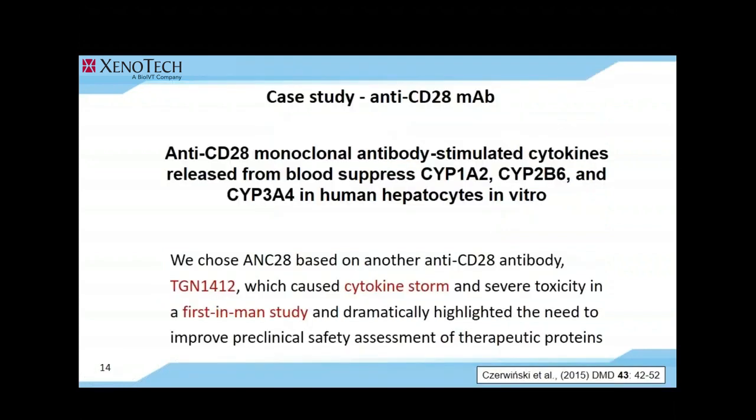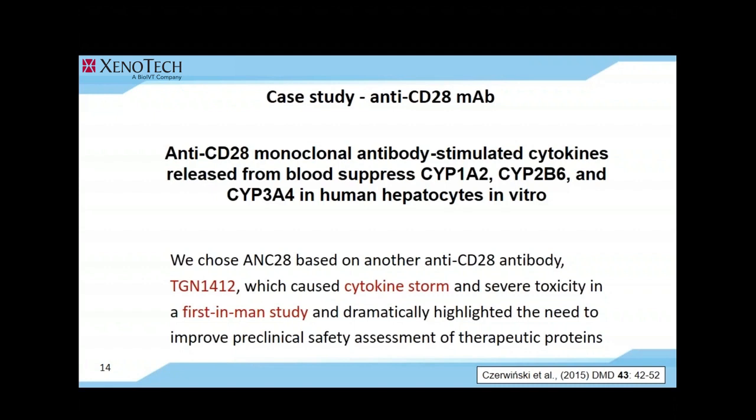I'd like to now go to our first case study, that of anti-CD28 antibody. The initial proof of principle study was done with an anti-CD28 monoclonal antibody. You may recall that the infamous antibody TGN-1412 was also directed against CD28. That antibody caused severe morbidity in a first-in-man study in 2006 in London.